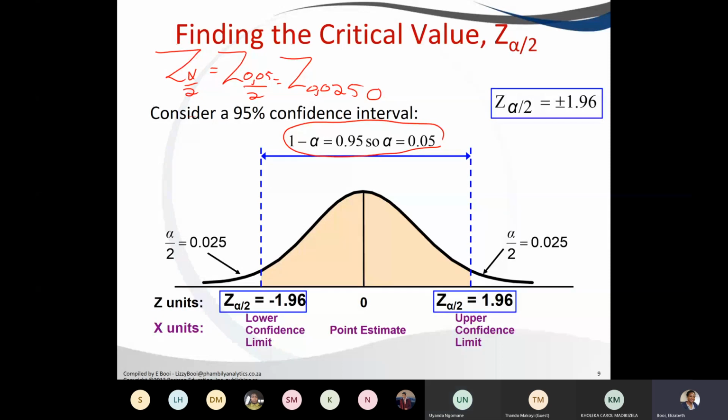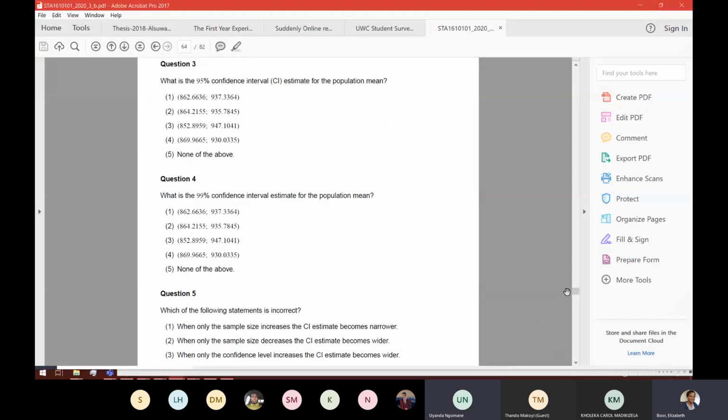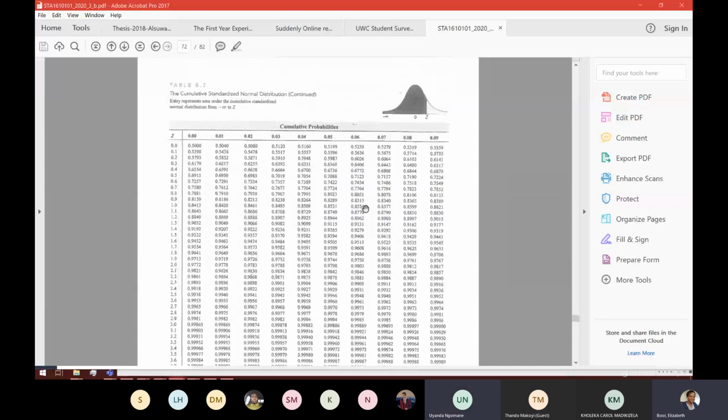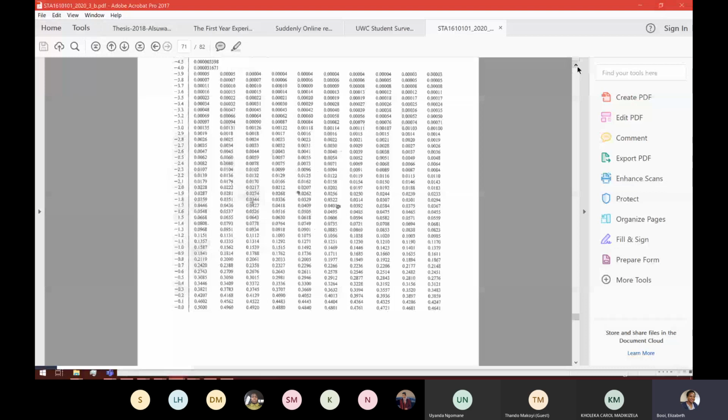I'm going to put a 0 there because when you go to the Z table, your table has 4 decimals. So to find that critical value, let me just show you on the Z table for now. You will always find it on the negative side of the table.